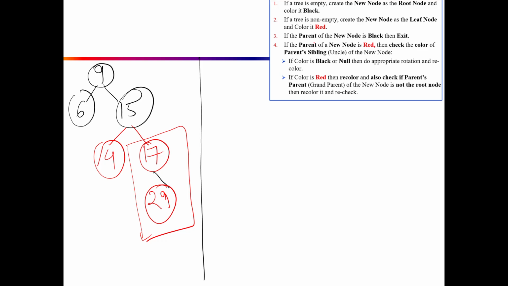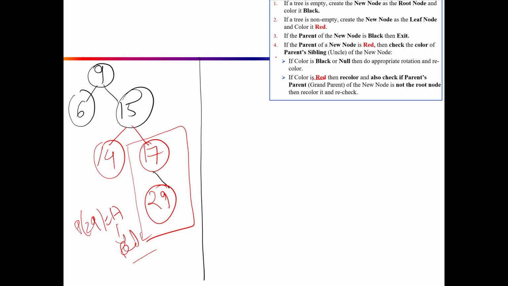If the parent of the newly inserted node is red, the parent of 29 is 17 and that is red. All right. So then check the color of the parent sibling. So the sibling of 17 is 14 and the parent sibling is red.